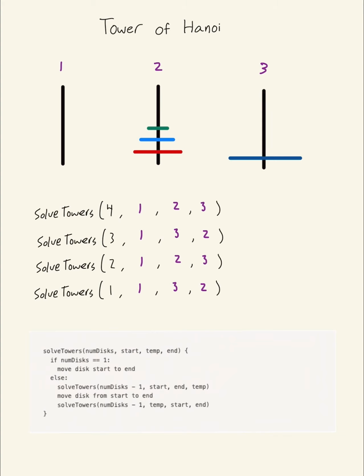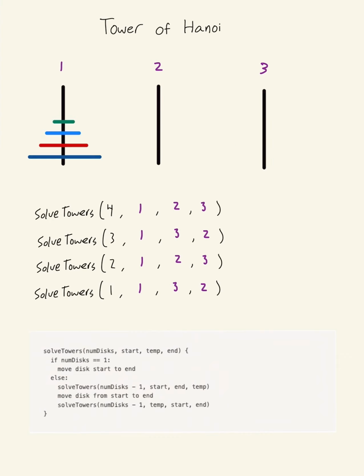So you can see here we solve towers with num disks minus 1, so a tower of size 3. We're moving it from the temp to the end, and we're using the start as the temporary, so let's just assume that that works. Now we have the tower solved. So given that recursive logic, you can imagine that we can solve a tower of any size, and it'll keep recursing and creating subproblems in the same manner.